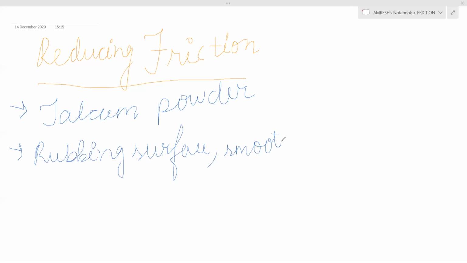To reduce friction. Smoothening, or you can also say polishing.